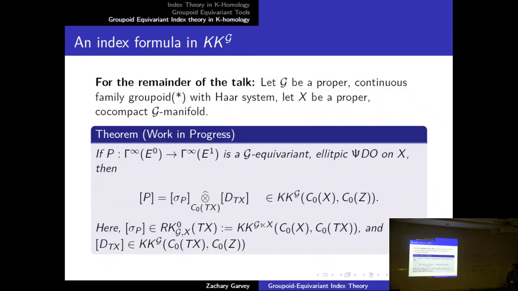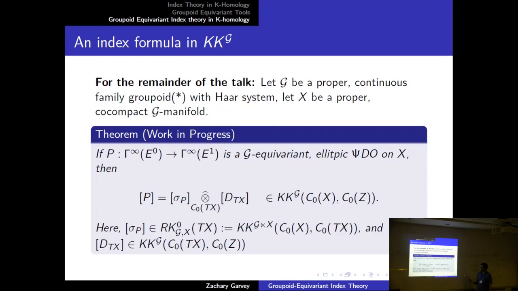Okay, so this is what the analog of the theorem looks like. We're going to assume that it's a continuous family groupoid, again, because that's the only situation where I'm 100% certain that the pseudodifferential operator actually forms a K-homology class. We're going to make sure that X is proper and cocompact. And in this situation, if you've got a G-equivariant family of pseudodifferential operators, then you can factor its K-homology class in the same sort of way that you did before.